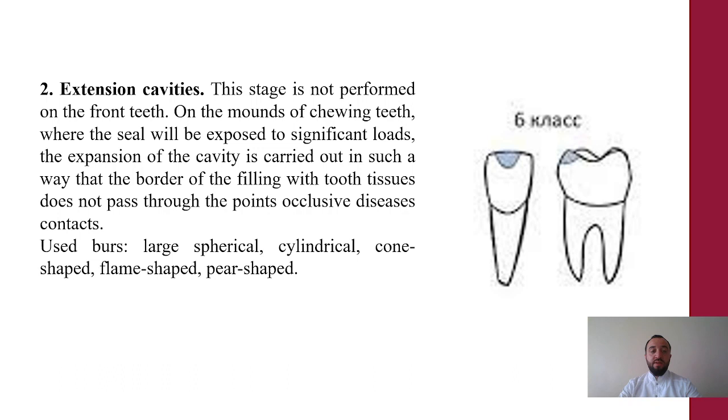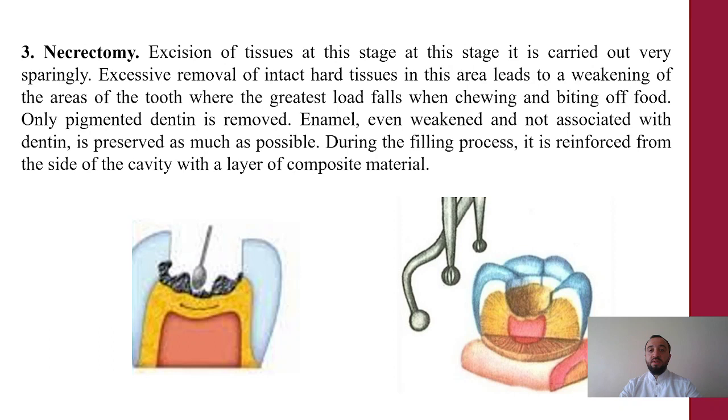3. Necrectomy. Excision of tissues at this stage is carried out very sparingly. Excessive removal of intact hard tissue in this area leads to weakening of the areas of the tooth where the greatest load falls when chewing and biting food.